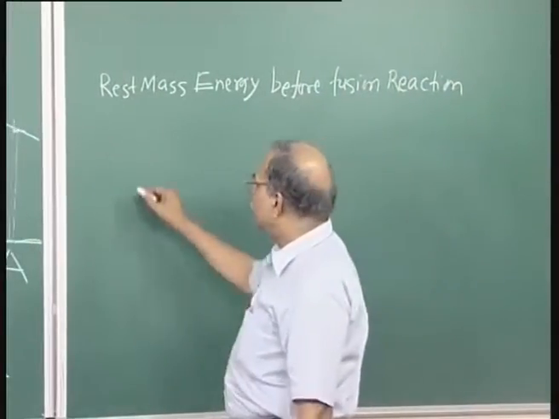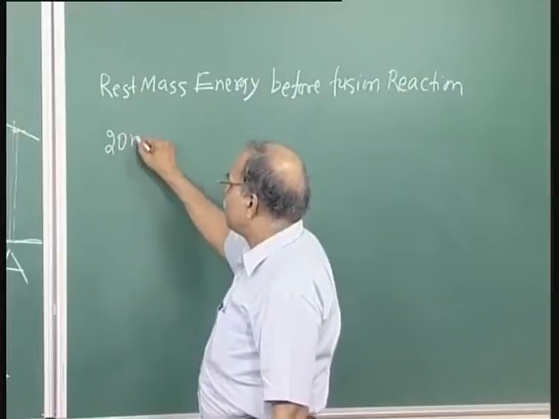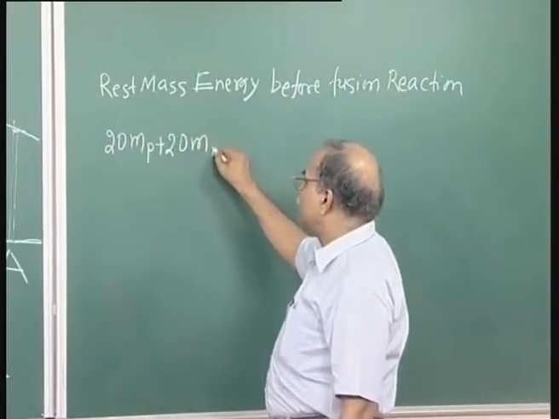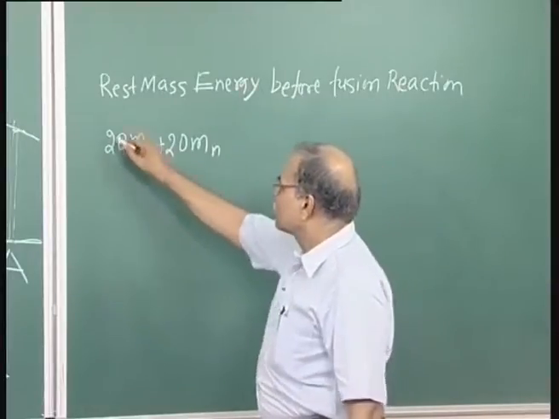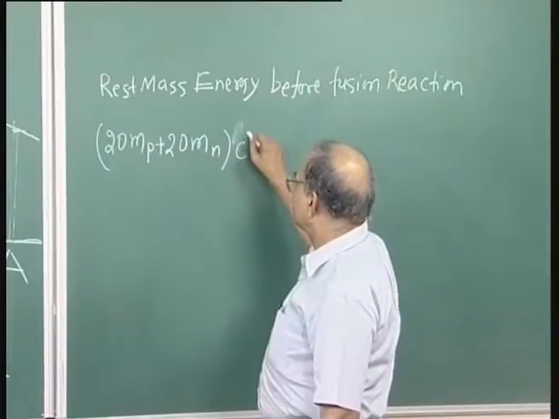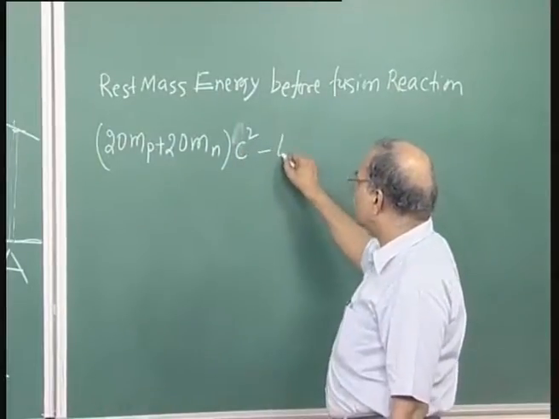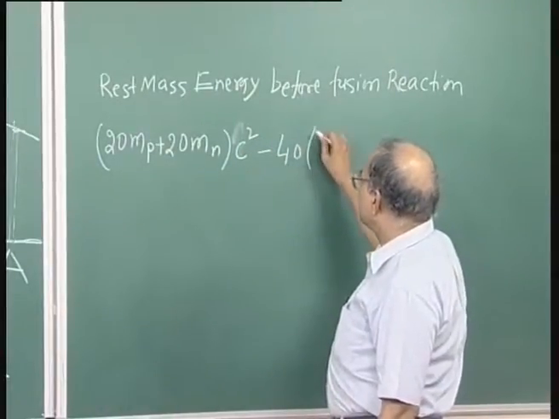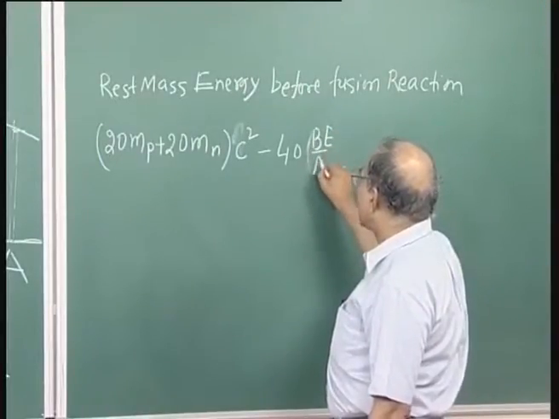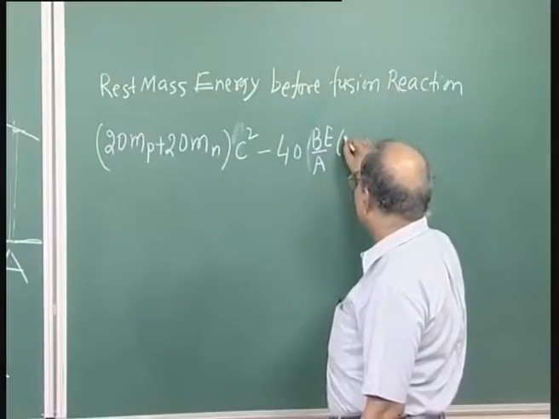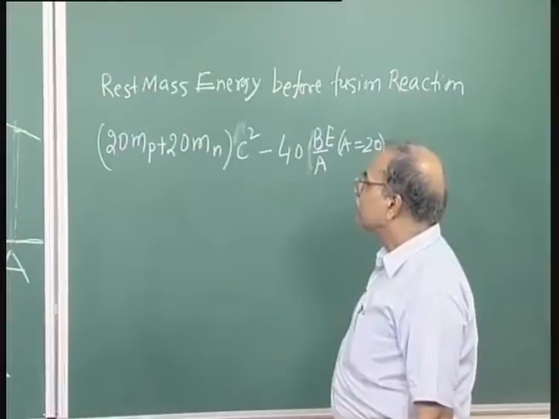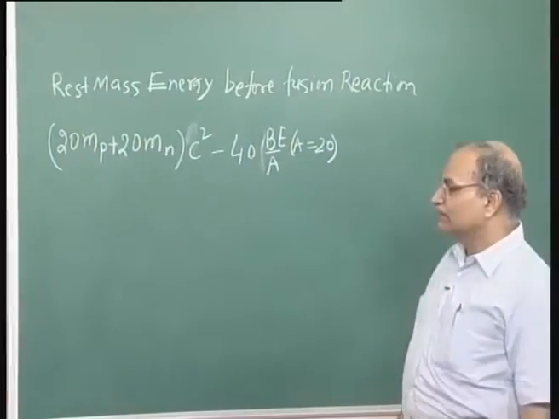Double of that will be say 20 Mp plus 20 Mn times c squared, and minus 40 times the binding energy per nucleon, B_E by A at A equal to 20. That is the rest mass energy before the fusion reaction.